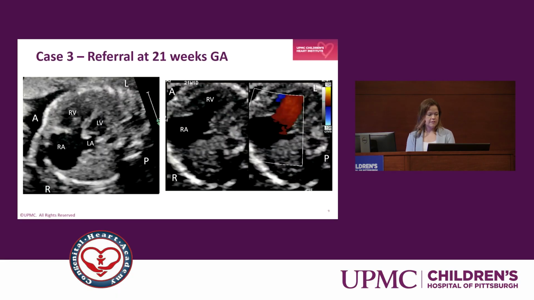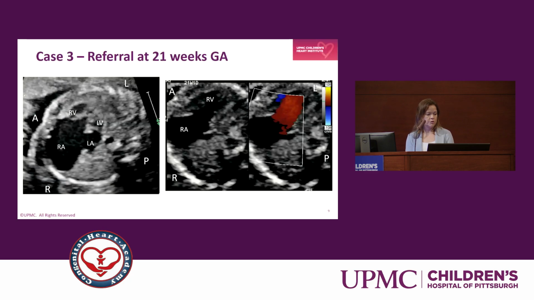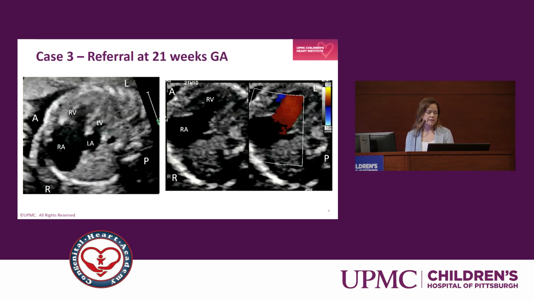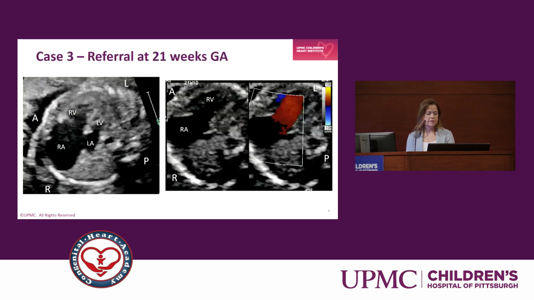In this third case, a little bit older of a case, this patient was also from our own OB practice, referred due to an abnormal ultrasound. And in the image here at 21 weeks gestation, we see severe right atrial enlargement and cardiomegaly.